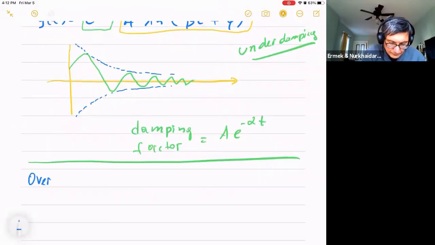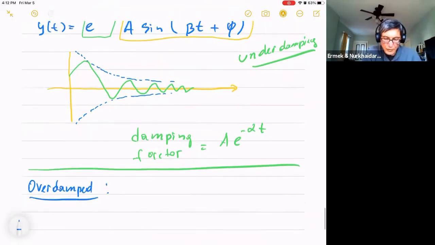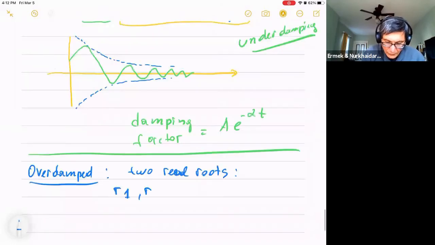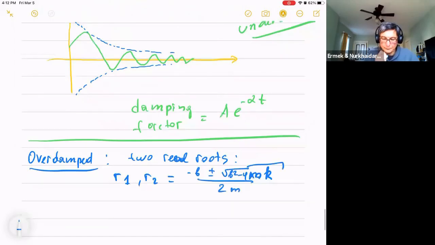Overdamped. The overdamped situation is when we have two real roots, r1 and r2, which are negative b plus or minus the square root.